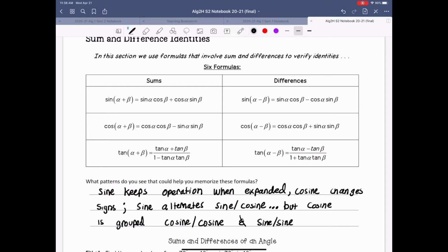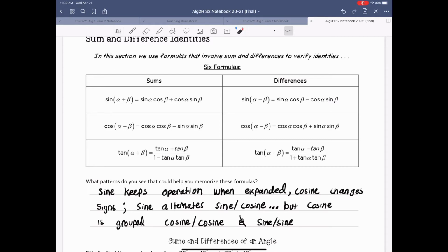Okay, so when we're expanding the cosine of either the addition or subtraction of two angle measures, when I'm expanding the cosine of the sum or difference of two angles, we group the terms as cosine, cosine, and sine, sine. So those are just a couple of characteristics to remember and things to help you memorize what the sine looks like and what the cosine looks like.